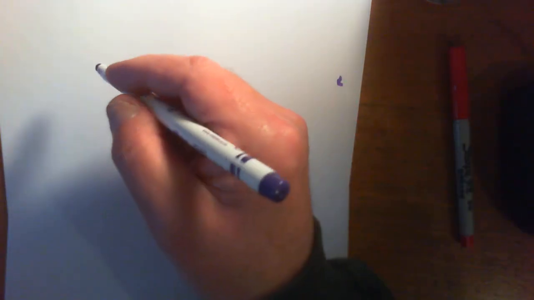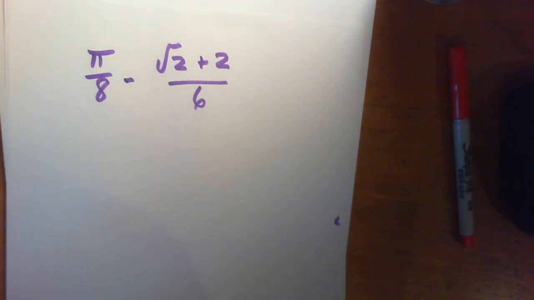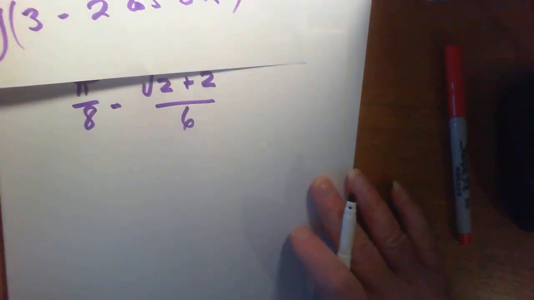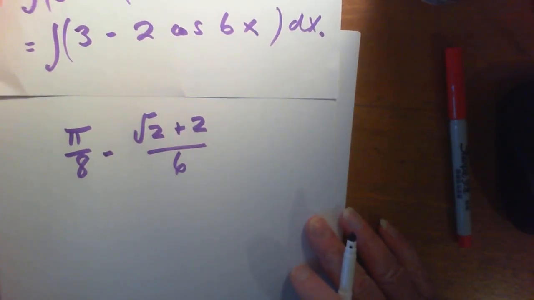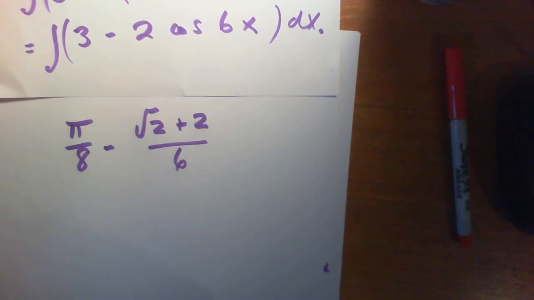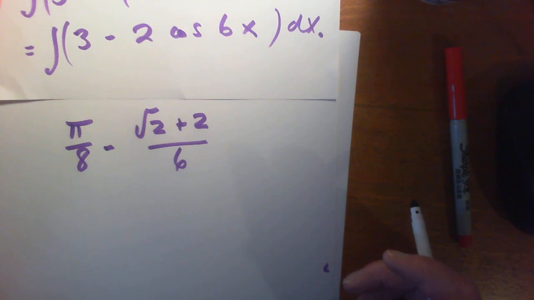So I can tell you the exact value of the integral I've just done is pi over 8 minus root 2 plus 2 over 6. That's the integral, and that's your answer if you want to work through that. But that is the exact answer, that's what it asks for in the question.